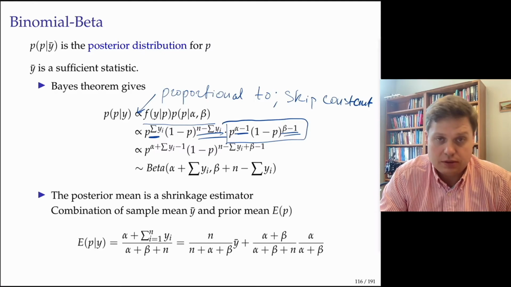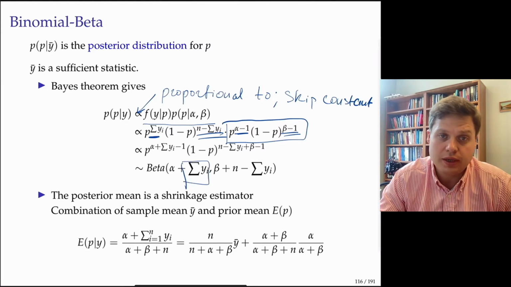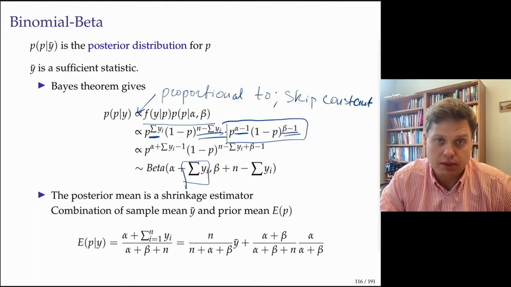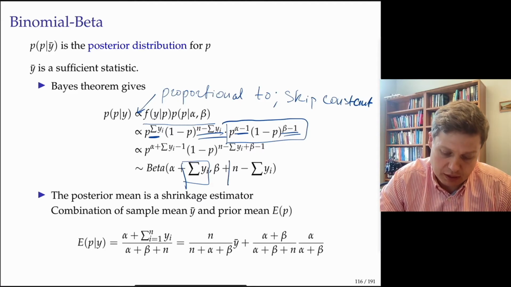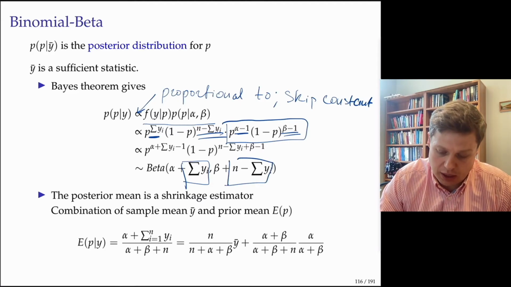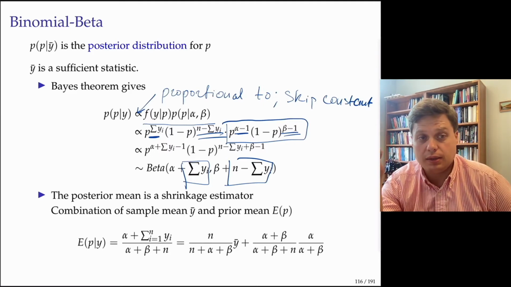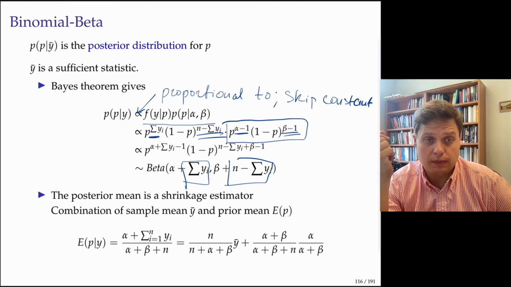And when you do those things together, you get the final result that the alpha parameter update is just the sum across all the y's, and the beta parameter update is n minus the sum across all of the y's. And another way to think about this is that the posterior mean is just a shrinkage estimator.